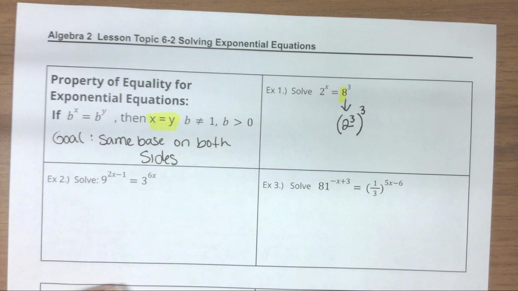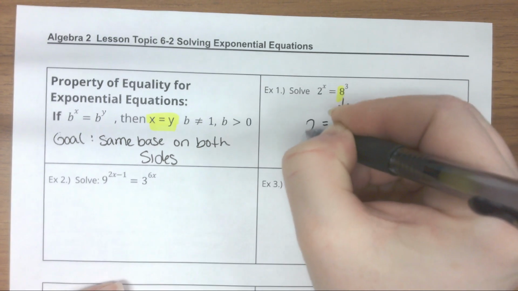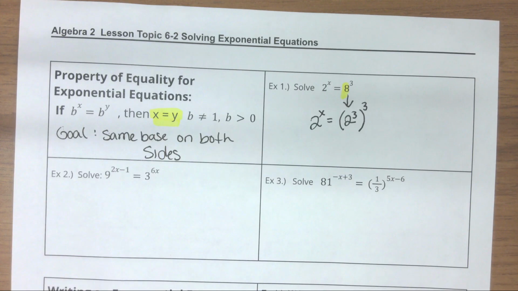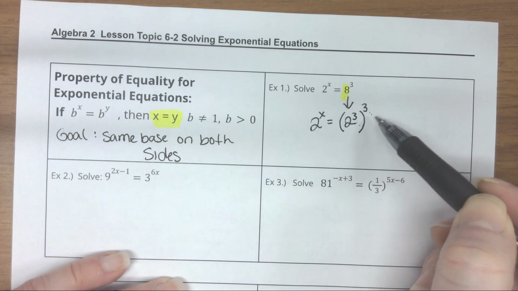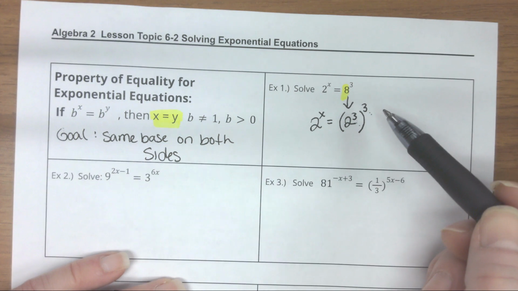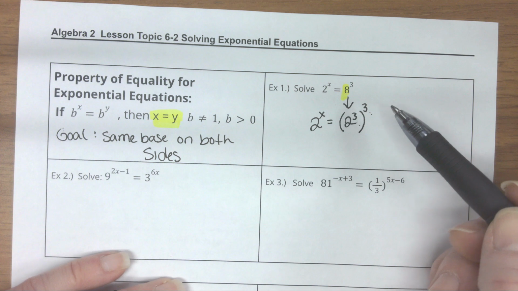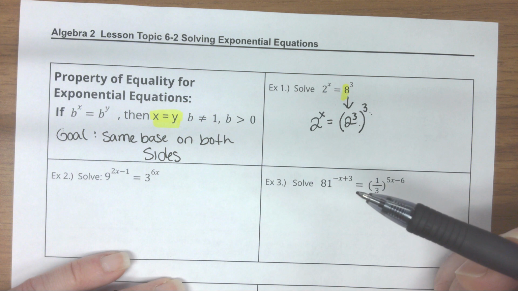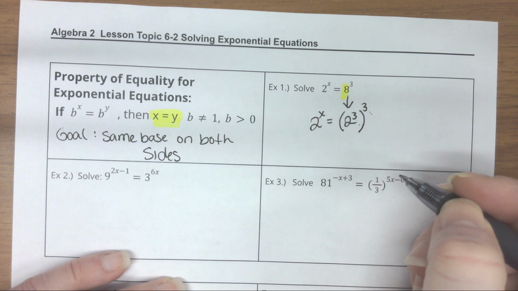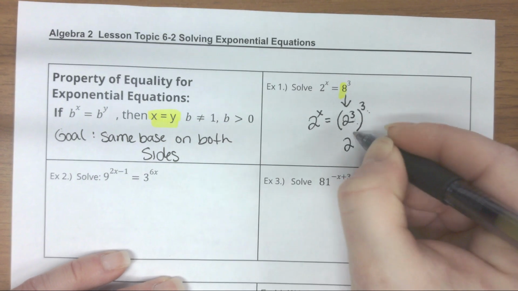All right. Now on the other side, that was already written as a 2, so I'm going to leave it the same. So once I have those bases the same, I'm going to simplify the exponents. Do you see how I have 2 exponents here, a power to a power? Do you remember what I do with those? Cancel? Not cancel. If there were 3 and 1/3, I would. What can I do with these 2? This is like 2 to what power? 2 to the 6th.